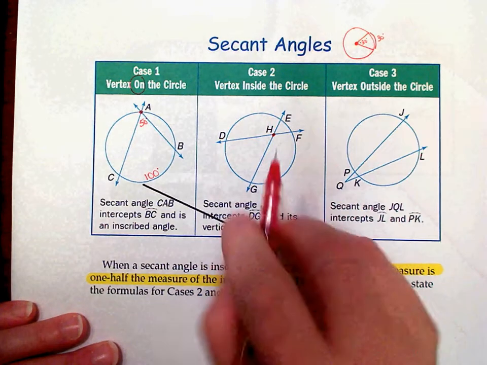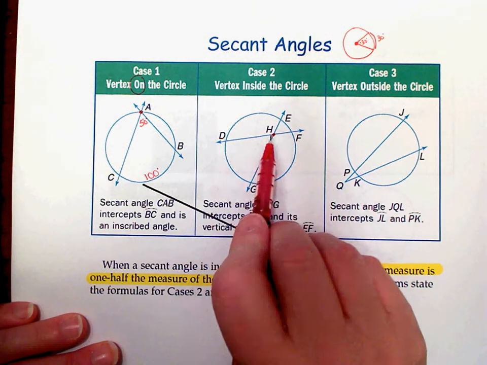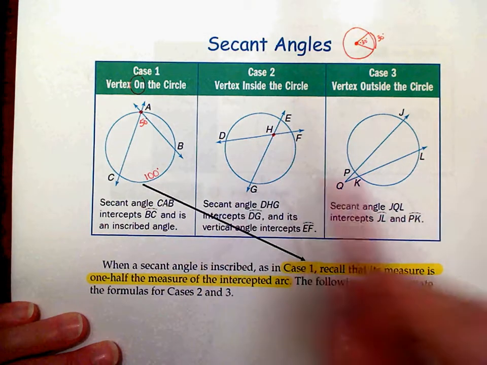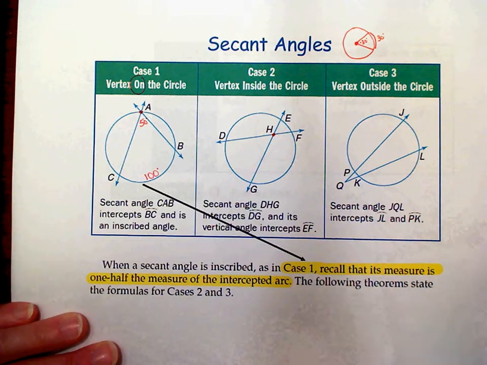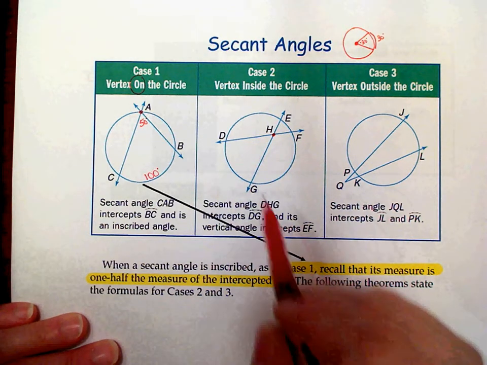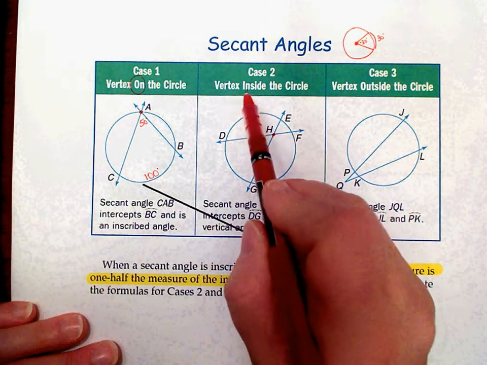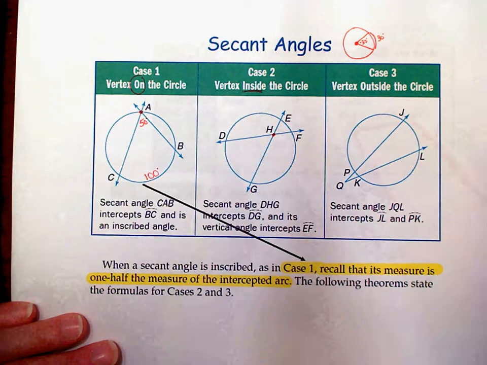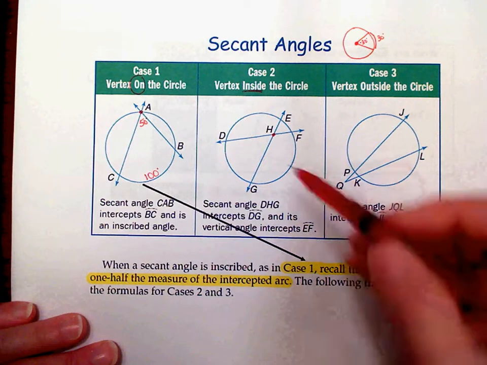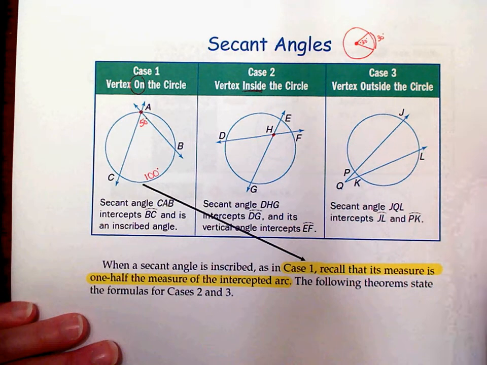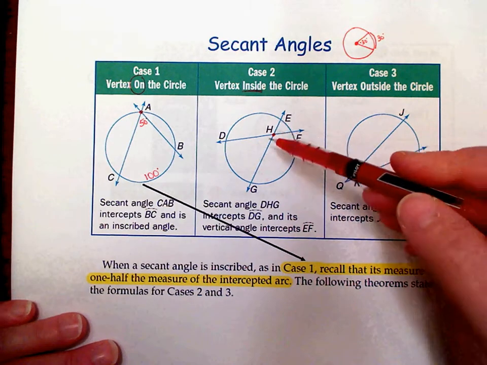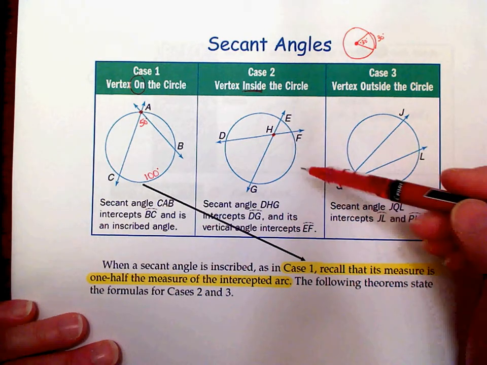Well, I just put that red point there, but before I did that, those two lines were intersecting and you didn't see a distinct defined point there. So H is not the center of the circle. This vertex is inside the circle, but not at the center. These are just secant angles. They don't have a special name like inscribed or central, but we're going to be looking at the relationship between the angle and the arcs in just a moment.